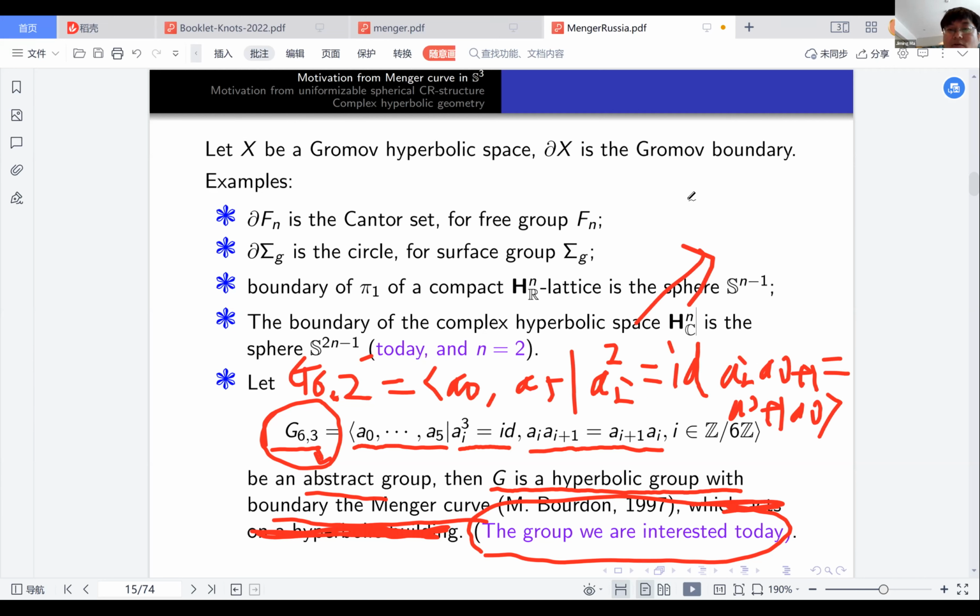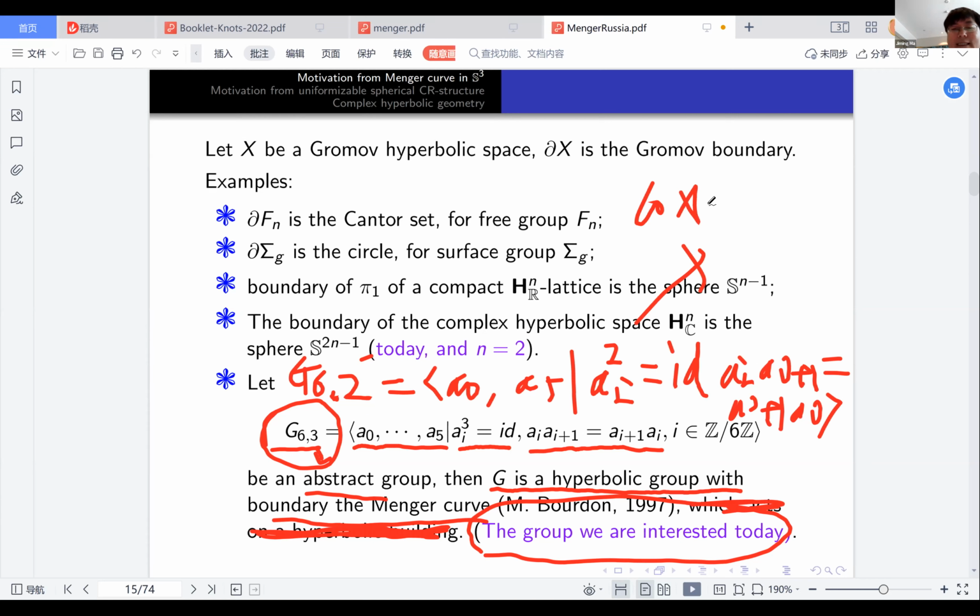Then it is just the Coxeter group, and it is a surface group. But that's the case for 2. From 2 to 3, the boundary of it is the Menger curve, so it is more complicated.